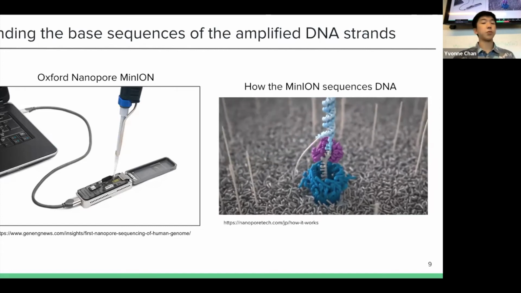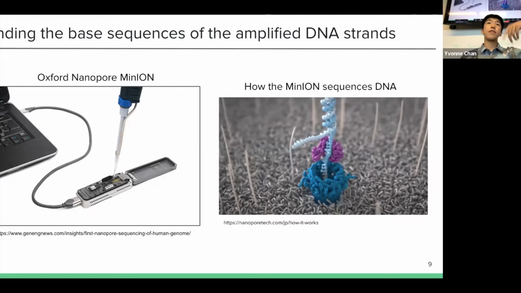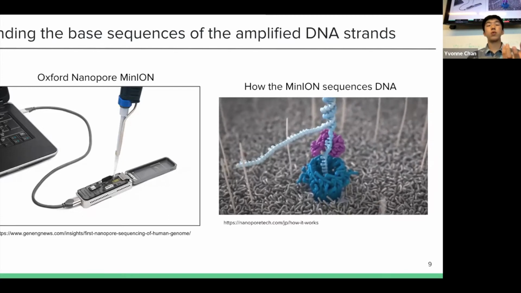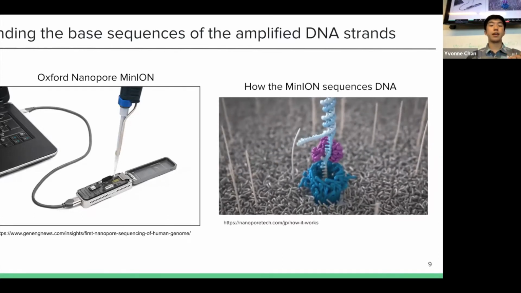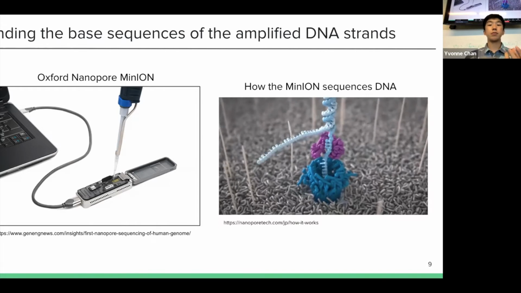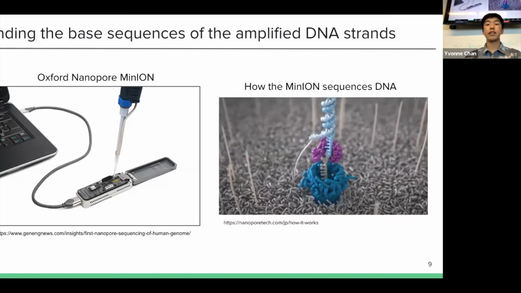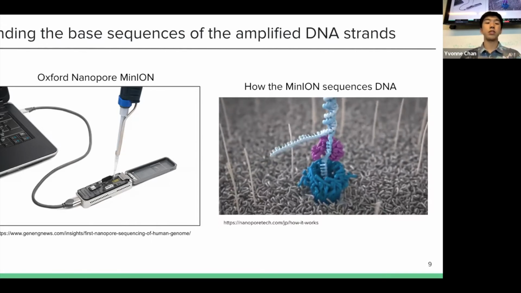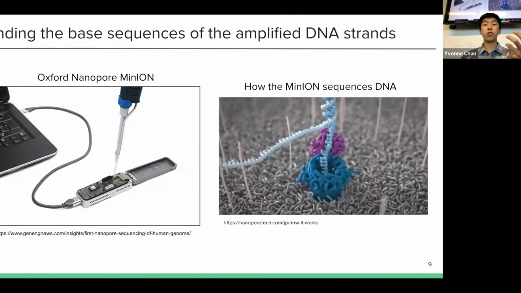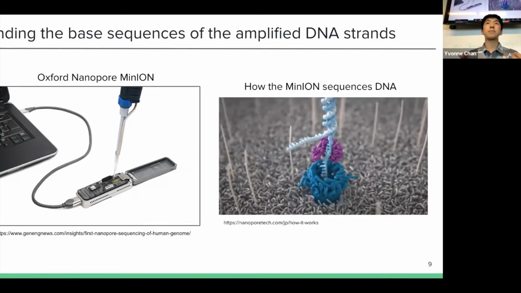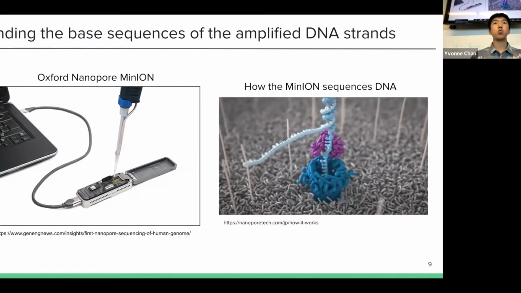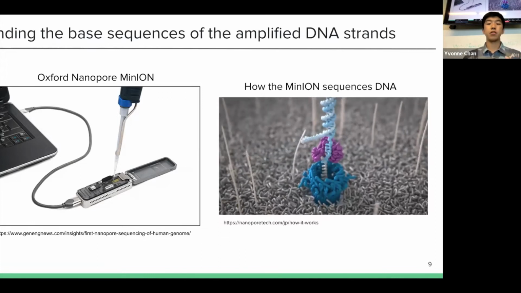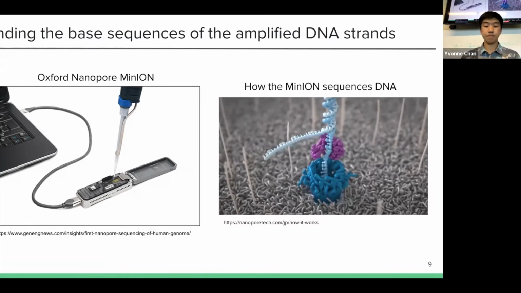As you can see in the video, DNA is fed through a protein, and that protein will actually change shape depending on which base it gets. This protein shape correlates to an electronic signal that can then be read by the MinION and sent to the computer. So after the DNA is fed through the protein, the computer will have a long list of all the base pairs and all the base sequences that it received.